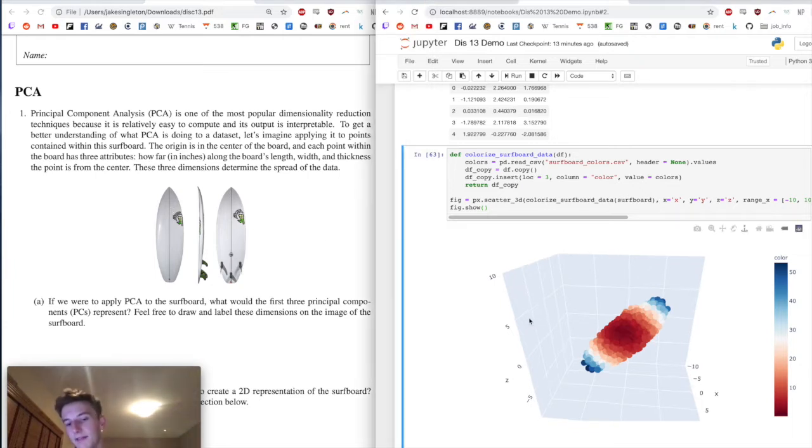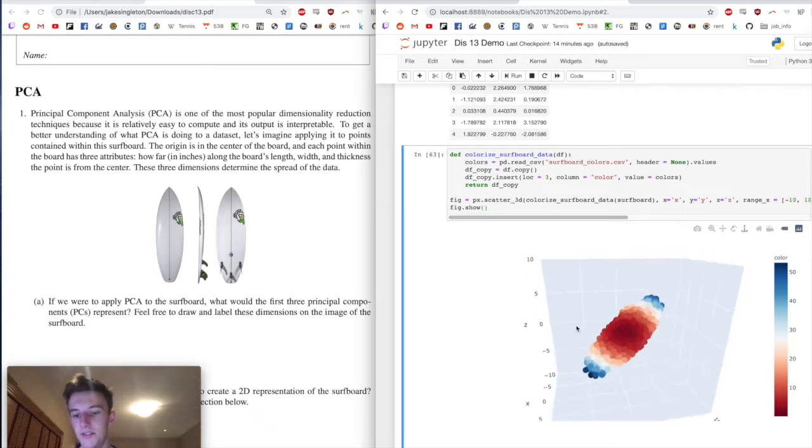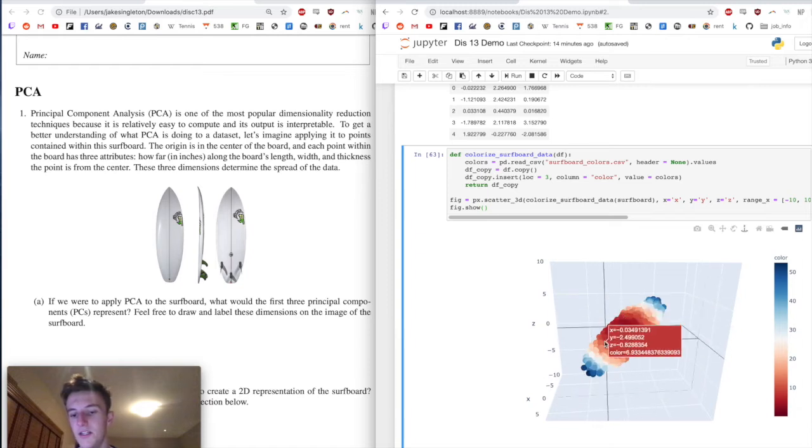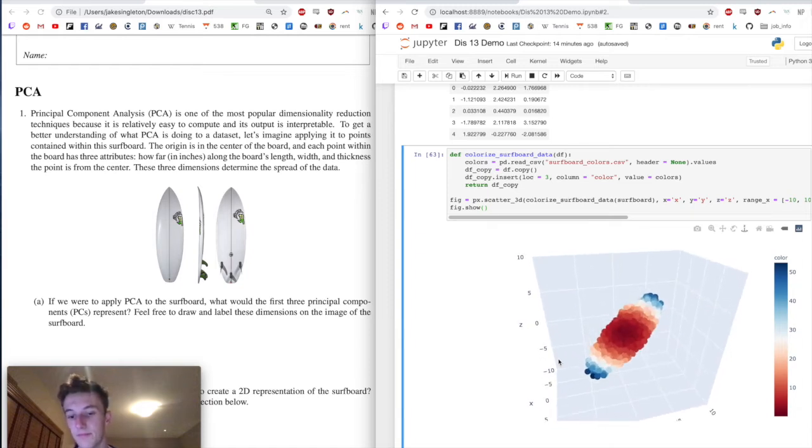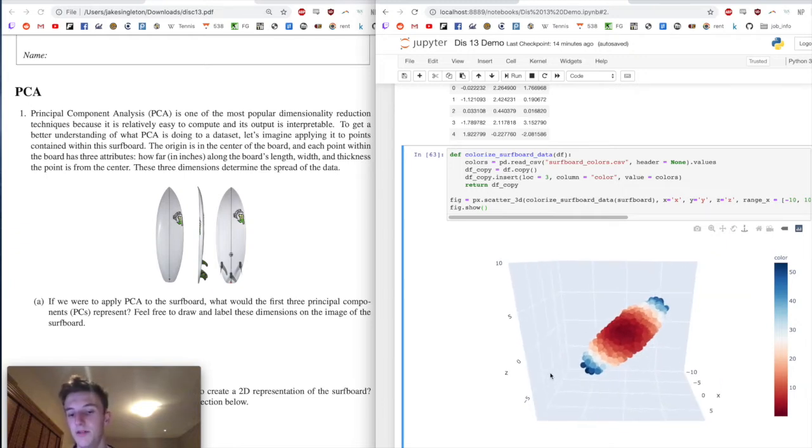In thinking about what the second one is going to be, we can apply the same logic. We want the dimension along which the data varies the second most. We've already chosen this length dimension, so now we need to choose the direction orthogonal, which is important, to the first one along which the data varies the most.